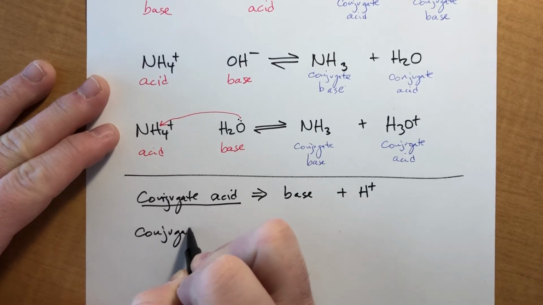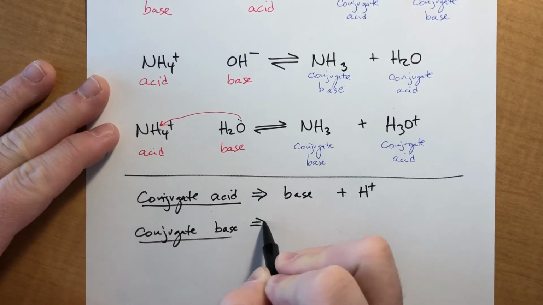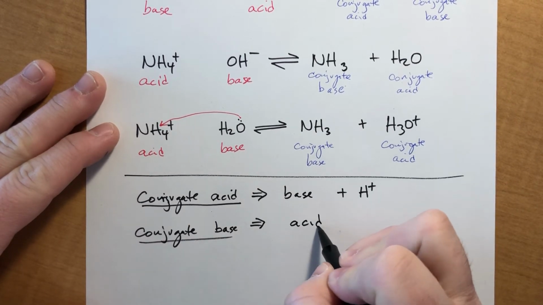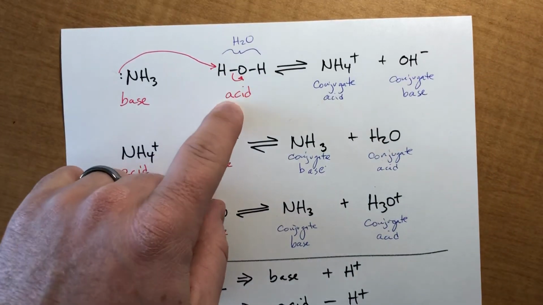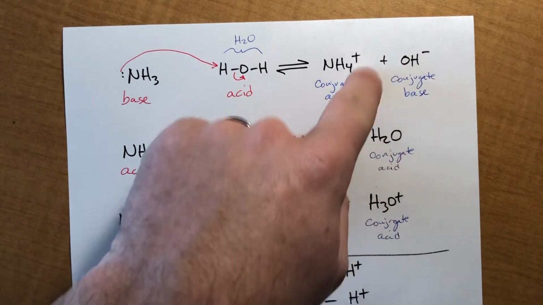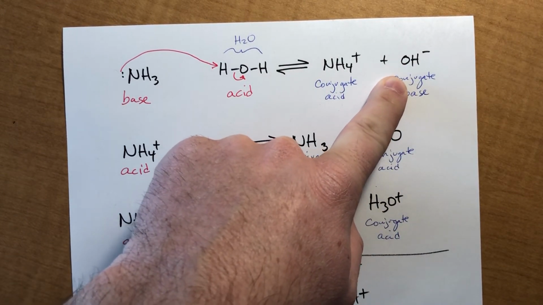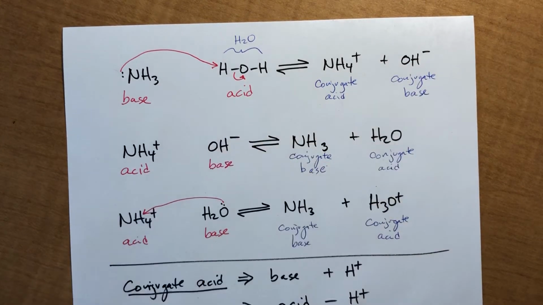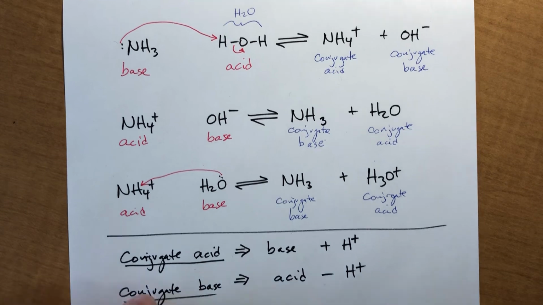A conjugate base is the exact same but opposite idea. It's an acid minus the H plus. So up here we said water was the acid in this scenario. It lost an H plus, so OH minus is the conjugate base. And OH minus, up until today, was literally our definition of a base, so it makes sense that this would be a base. Same thing down here.